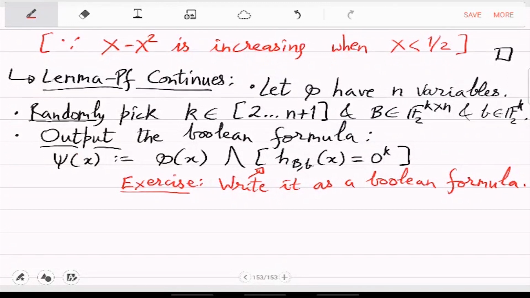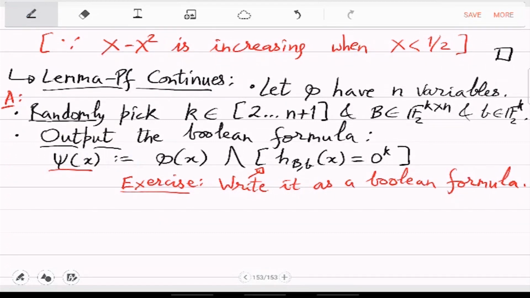So, say x1 plus x2 equal to 0. So, that you can actually write using and, or, not, because the constants are just 0, 1 and the addition is mod 2. So, mod 2 you can write in terms of and, or, not. So, do that, and then you have the formula psi, which is the Boolean formula which this algorithm A outputs. Okay, this is a description of A. That is how A functions.